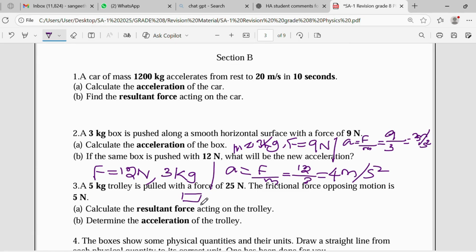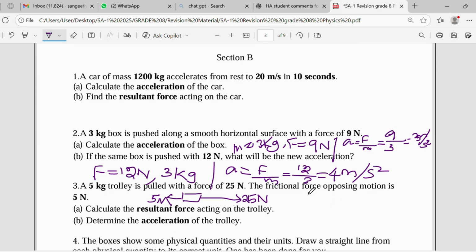A trolley is pushed with 25 Newton, and the frictional force opposing its motion, that means it will be in the opposite direction. So 5 Newton is in the opposite direction. How will you find the net force or the total force or the resultant force? You need to subtract, right?